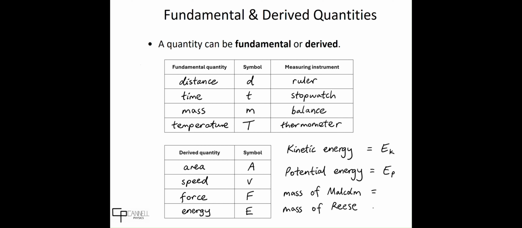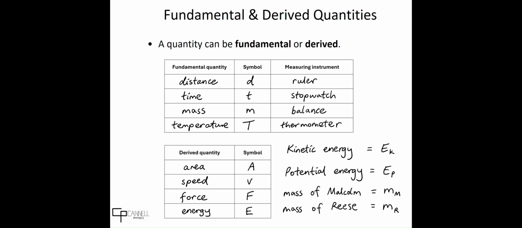Something you could do would be, well, I've got lowercase m for that because it's a mass quantity. It would be wise also to put a subscript, so just the first letter of their names, and that's fine. So this is a way for us to distinguish two quantities of the same kind.